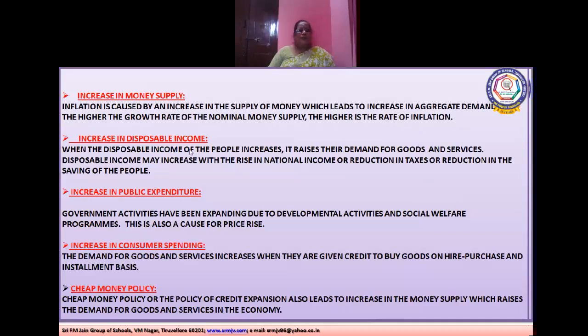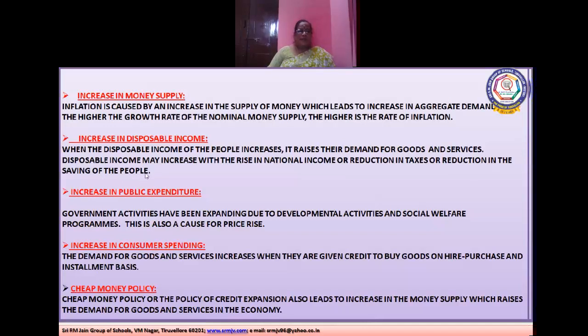Increase in disposable income. When the disposable income of the people increases, it raises their demand for goods and services. Disposable income may increase with the rise in national income or reduction in taxes or reduction in the savings of the people.